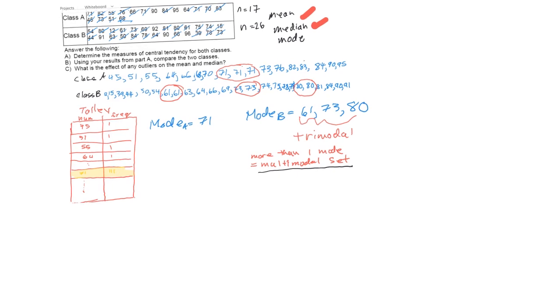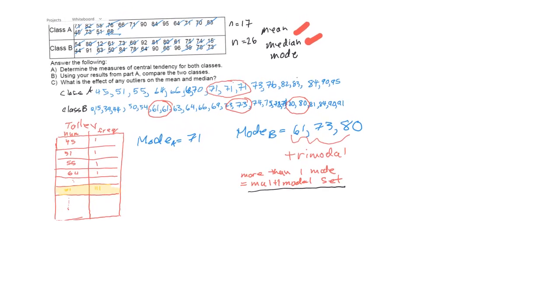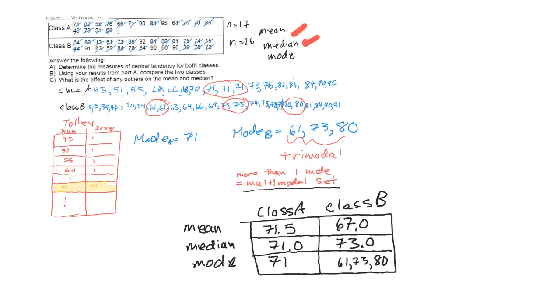Based on the information that we have here, when we compare the two classes, A and B, this is the answer for part B. You could say that class A has the higher average, right? But class B has a higher number set, right?